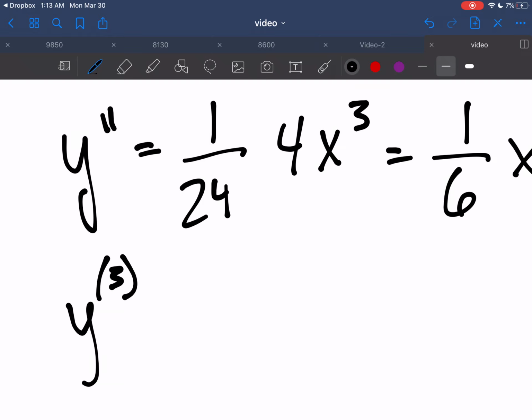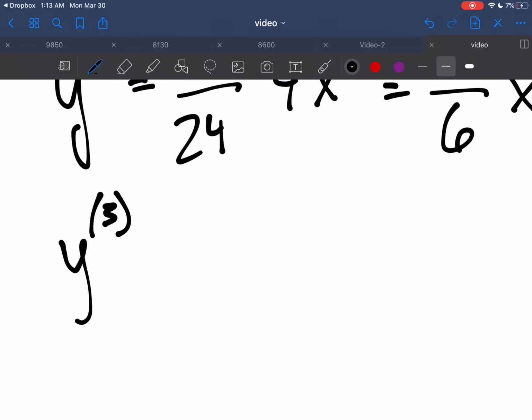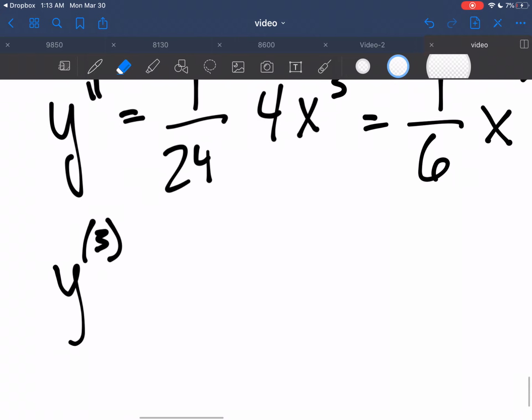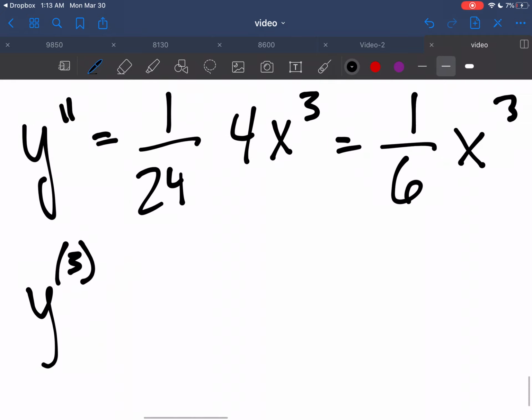After a point, you can't have the 5th derivative and write it with primes, it's too cumbersome. So eventually you can switch to the little parentheses with your number, and that number is whatever nth derivative you're on. So for the third derivative, we can write it like this.